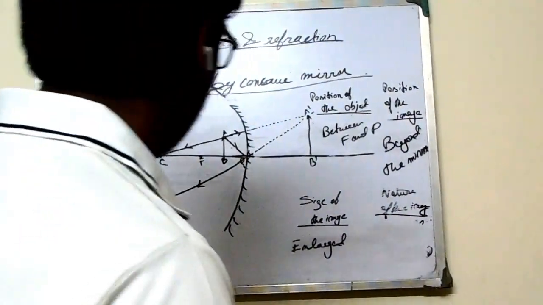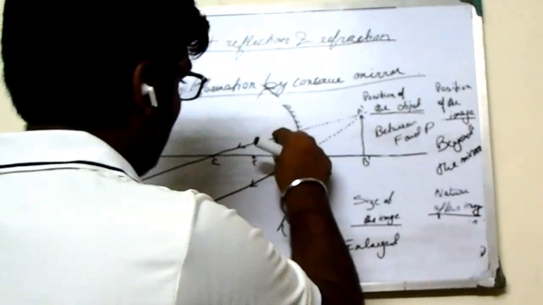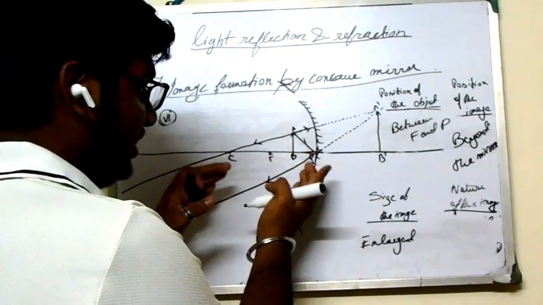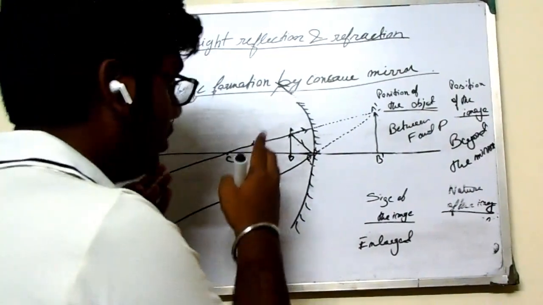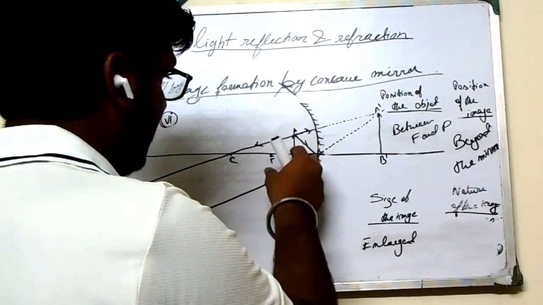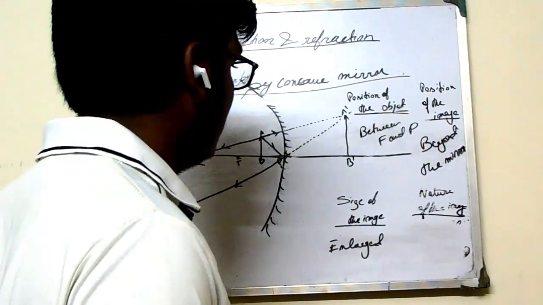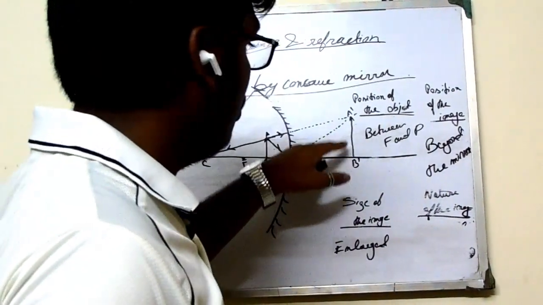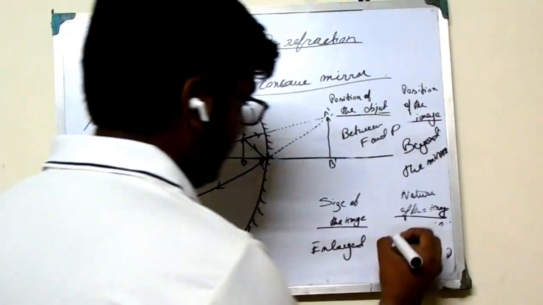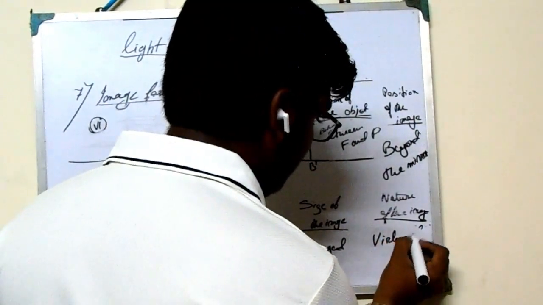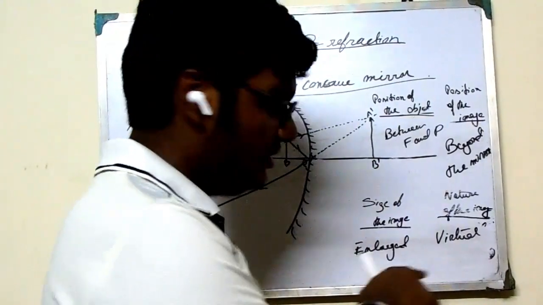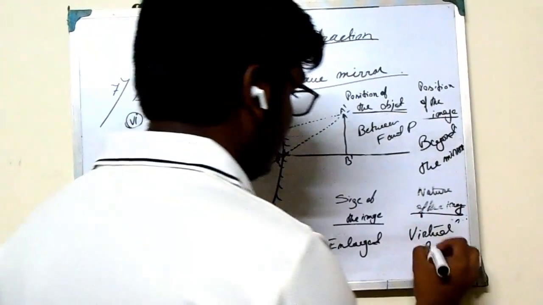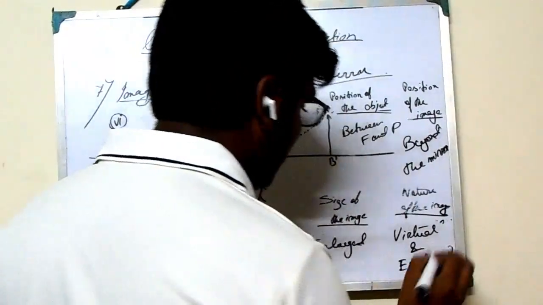Nature of the image: in this case the image is neither located on the left side of the mirror, nor is it present below the principal axis. The image is beyond the mirror on the right side, and it is present above the principal axis. It will be virtual, as it is found beyond the mirror, and erect, as it is not inverted. Virtual and erect.